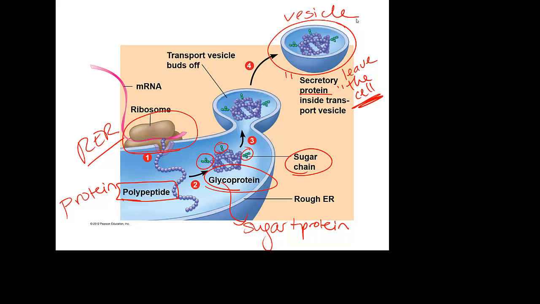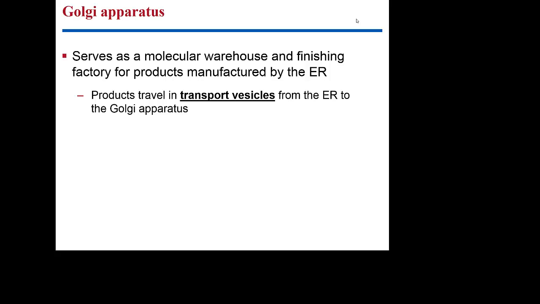Now, it's only going to transport it within the cell at the moment. It's going to take it to something known as the Golgi apparatus. This is part of the endomembrane system we were talking about. So the Golgi, I like to think about the Golgi like UPS or FedEx.